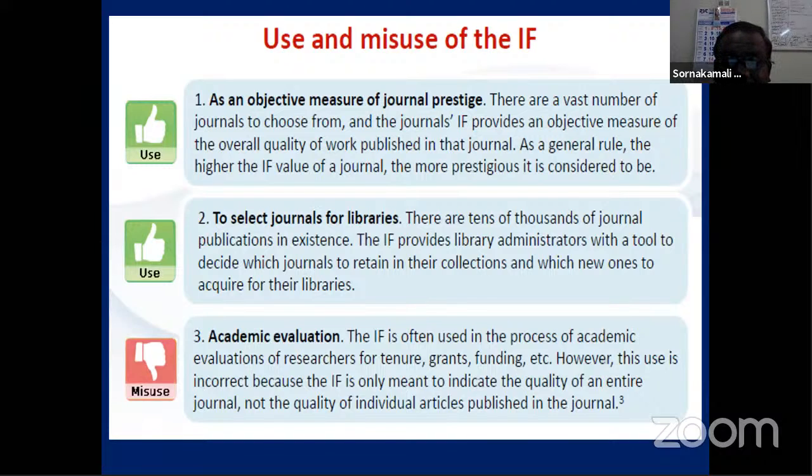Academic evaluation: most of the time, impact factors are used for academic evaluation of researchers for tenure, grants, and funding. However, this is incorrect because impact factor only indicates the quality of the journal, not the quality of the article published by the particular scientist. Though it is stated like this, most funding agencies will consider impact factor for extending tenure and for giving grants to scientists.